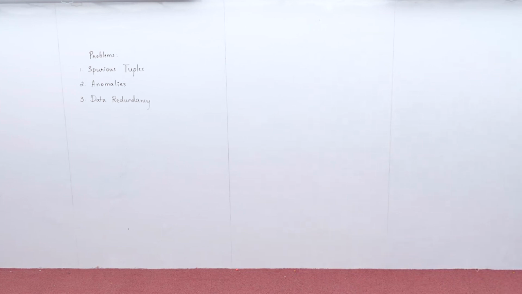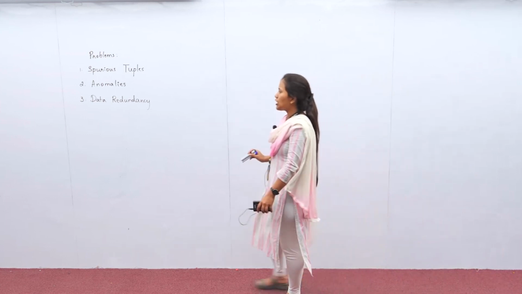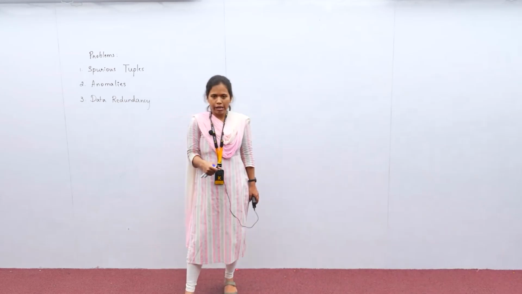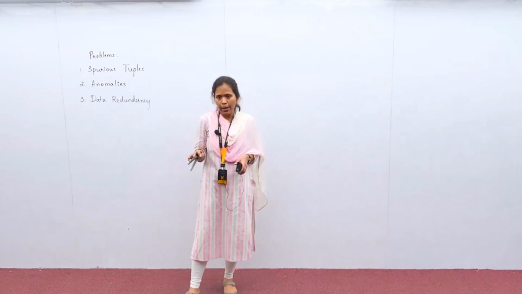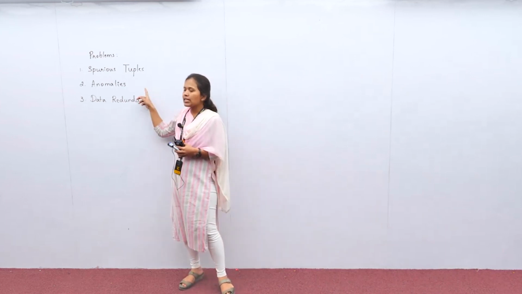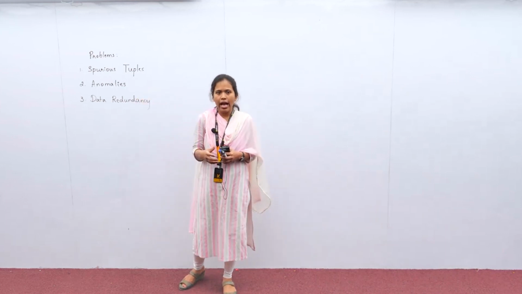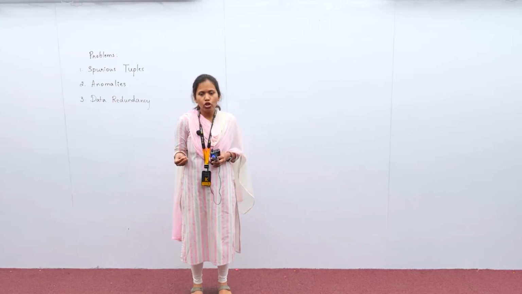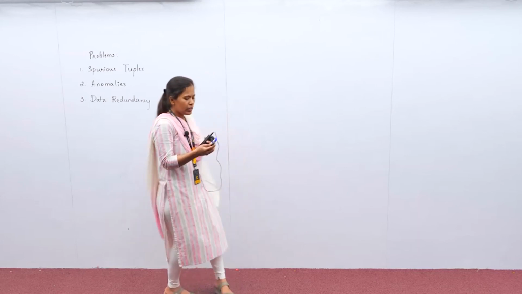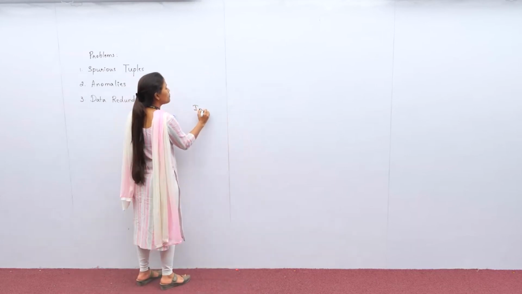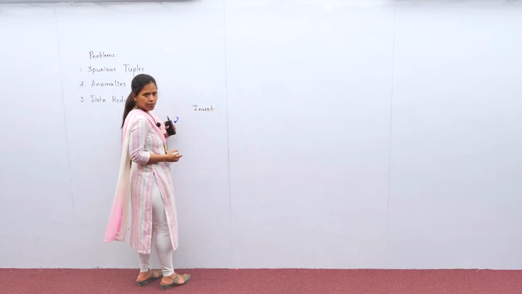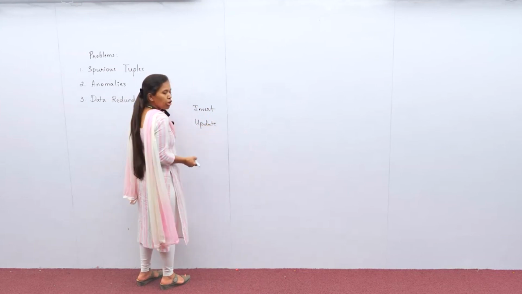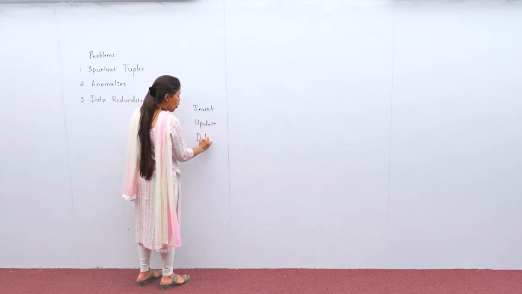Next, students, you understood about spurious tuples. How do we overcome this? By performing the normalization process, we can overcome the spurious tuples. This is one problem. And as I told, what do you mean by anomalies? Anomalies are nothing but problems you get while performing an insert operation, an update operation, or a delete operation.